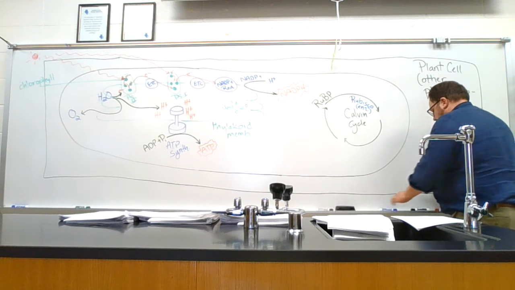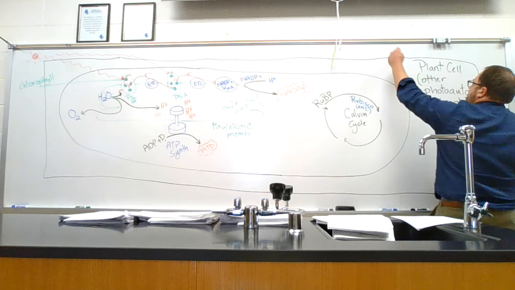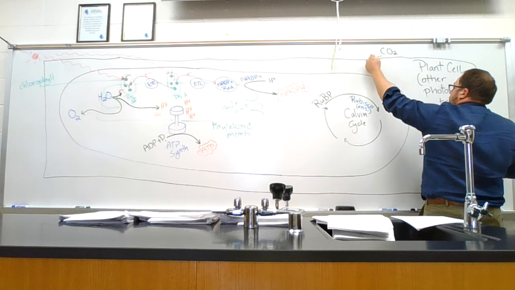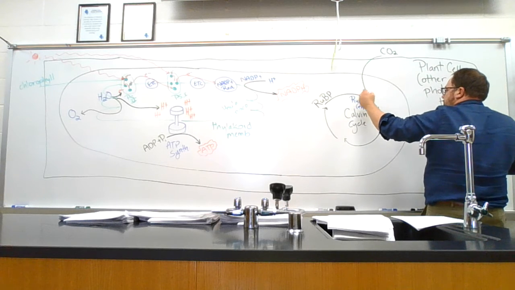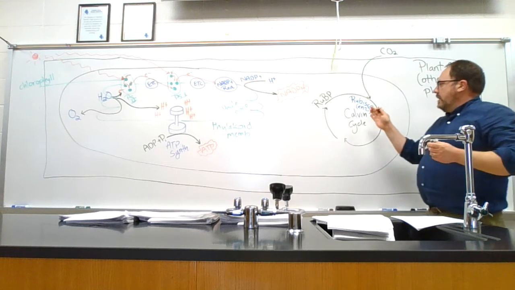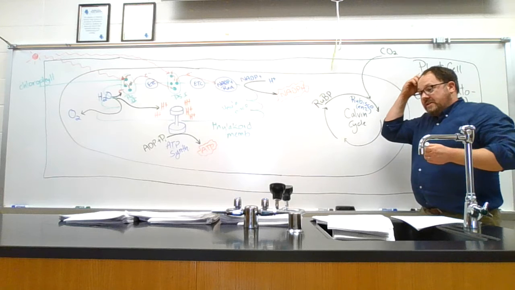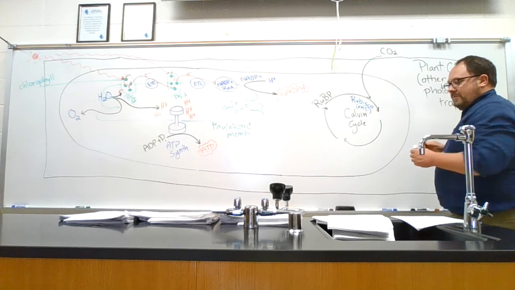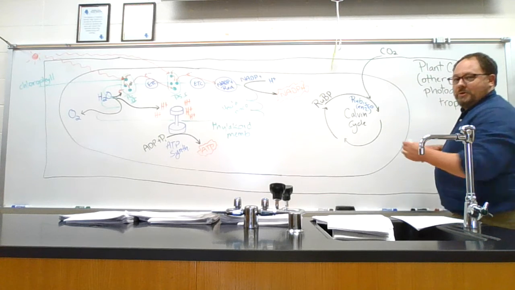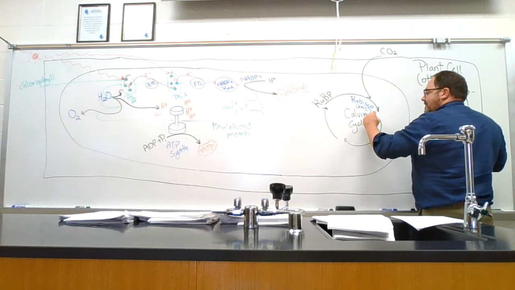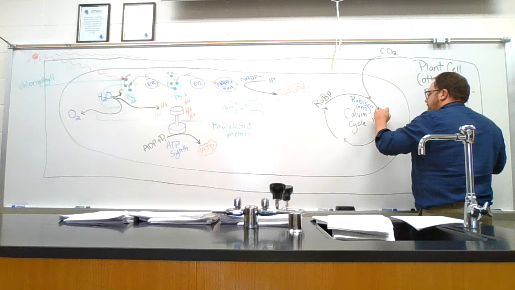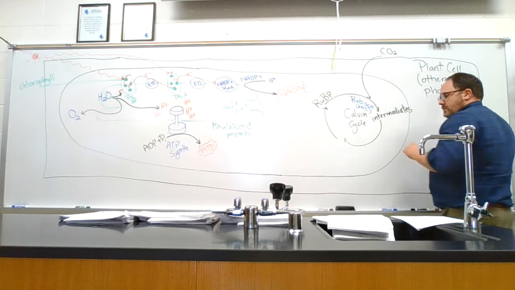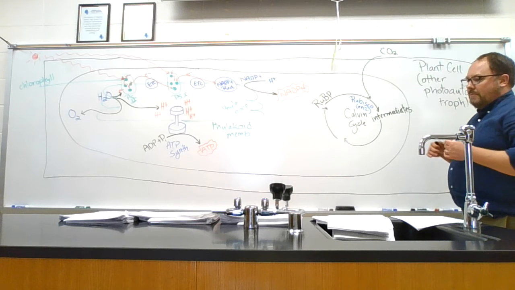And what happens is carbon dioxide, I'm doing this in black, carbon dioxide from the atmosphere joins in with the help of this Rubisco enzyme to RUBP, and it forms molecules that you don't need to know. What we'll do is just call them intermediates. So you form all these different intermediate molecules.